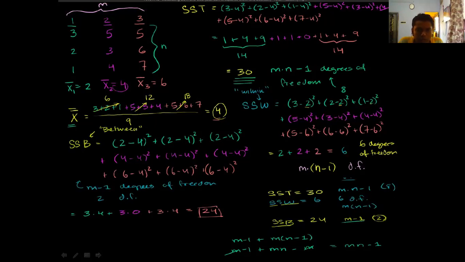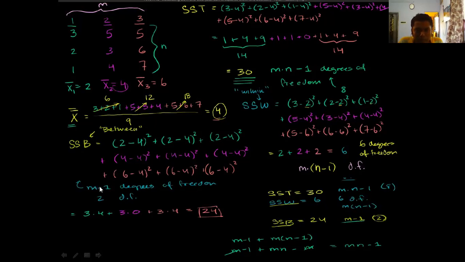So you can see that the sum of square total was 30, the sum of square between was 24, and the sum of square within is equal to 6. If you add sum of square within plus sum of square between, 24 plus 6 provides you 30.